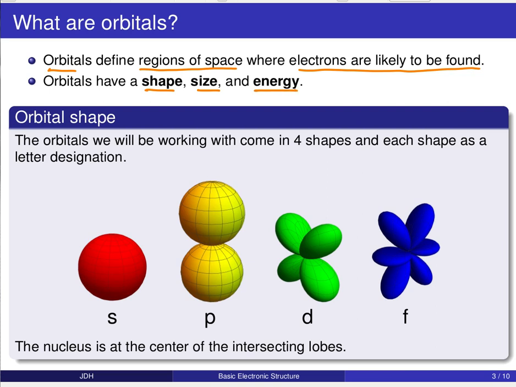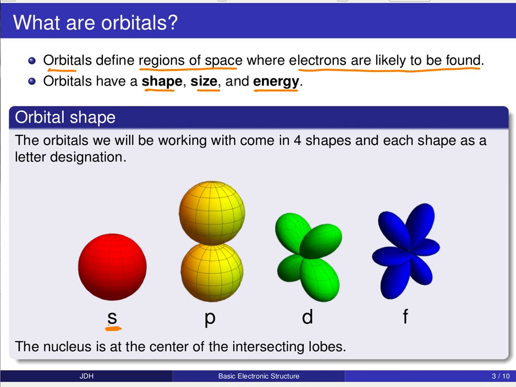The four orbital shapes that we are going to be working with are illustrated here on this slide. Each one of these shapes has a corresponding letter designation that allows us to quickly reference that particular orbital shape or orbital structure. The first one here is a very simple structure denoted by S.